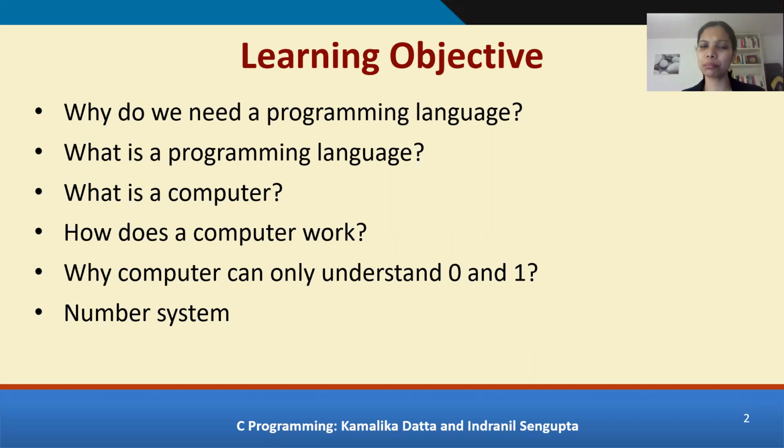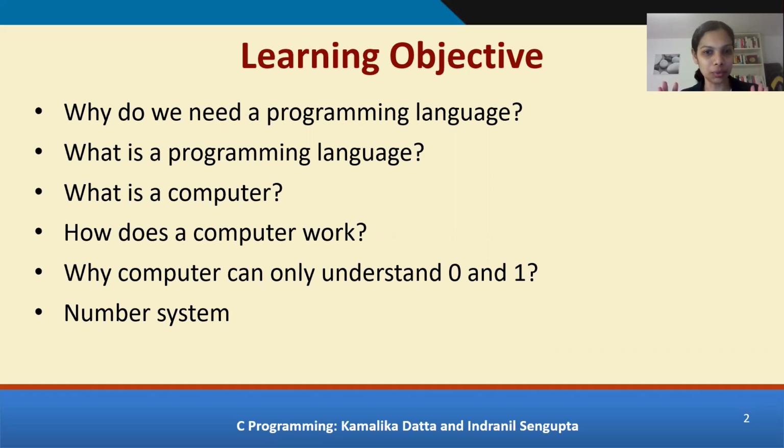Now, this is also something important because I believe C programming is a kind of course which will be taken by diverse students. It is not only computer science students who will be doing this course. This course may be done by many other students. And for that reason, we must understand not only how a computer works, but why it only understands this binary thing.